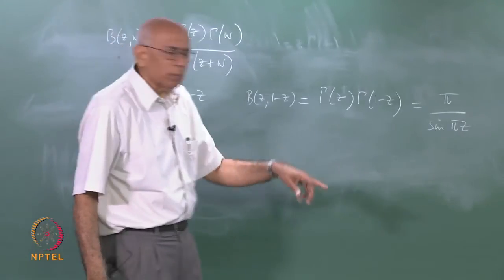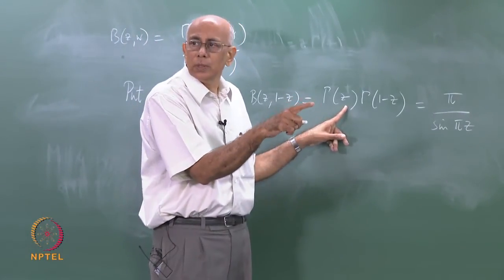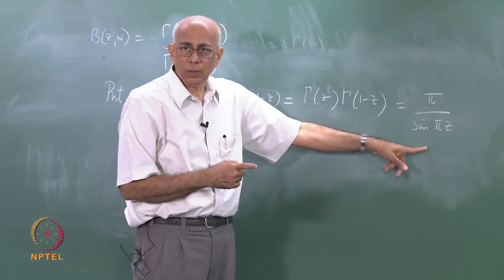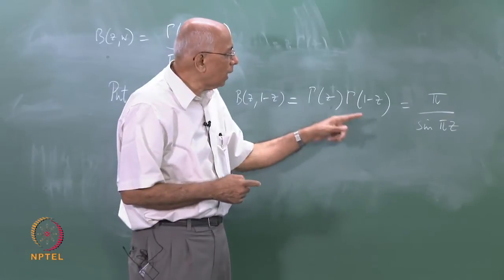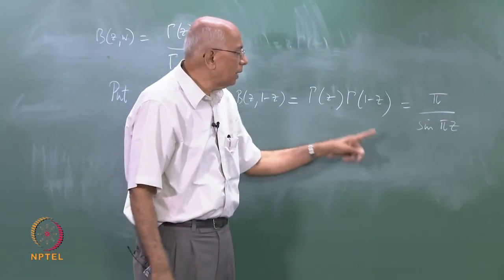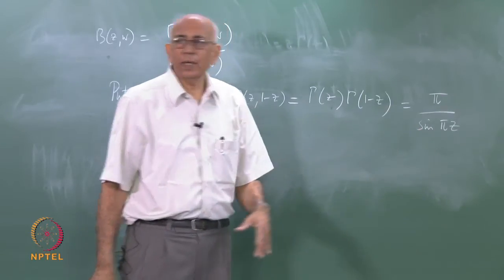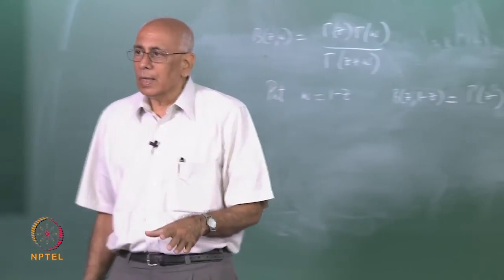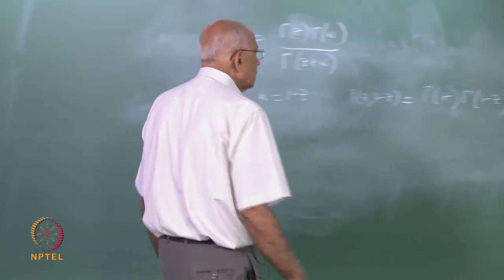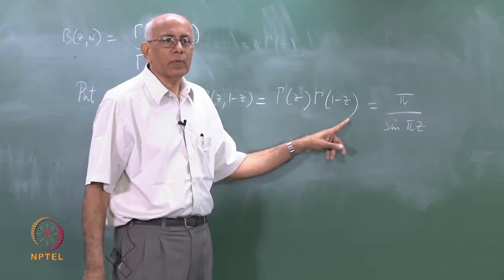Not too surprising, because this gamma of z has singularities, poles at z equal to 0, minus 1, minus 2, etc., and this one has singularities at z equal to 1, 2, 3, etc., and that comes from here. So as you know, the cosecant has simple poles at all the integers, and the ones at the negative integers and 0 are provided by this, and the ones at all the positive integers are provided by this out here.